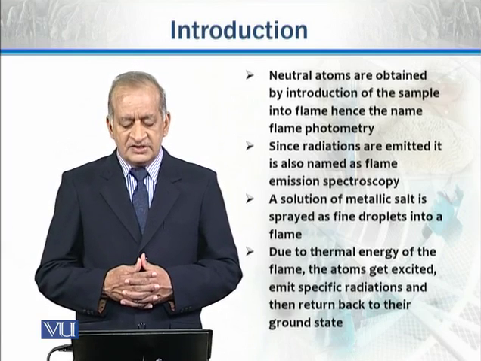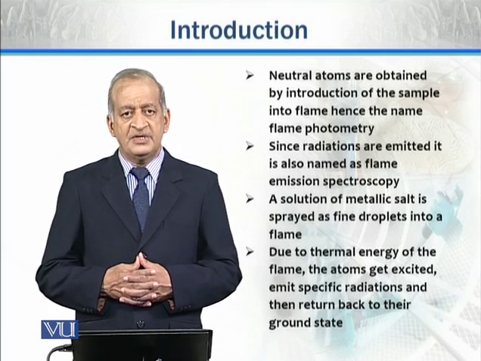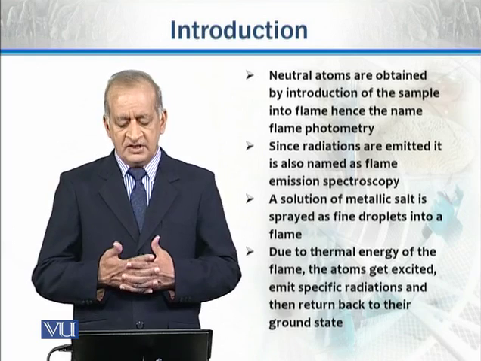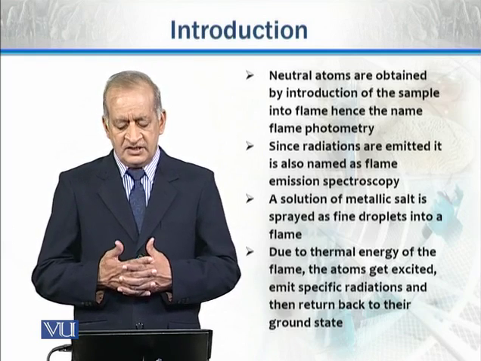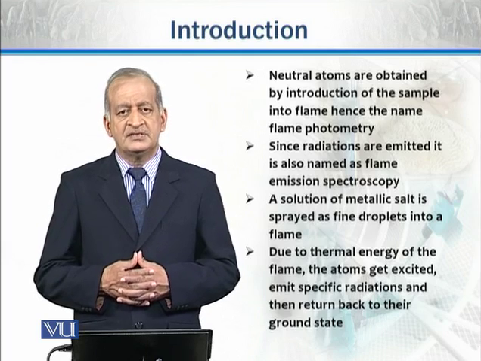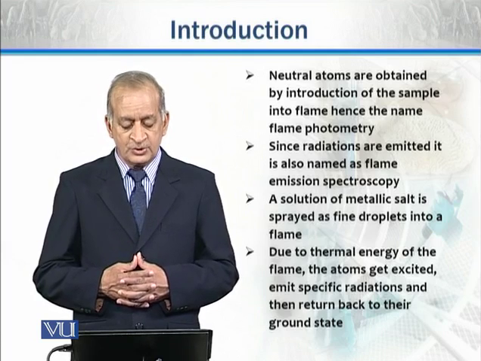And since radiations are emitted, it is also named emission spectroscopy. So when atoms are heated into neutral atoms and different types of radiations are released, this technique is also known as emission spectroscopy.